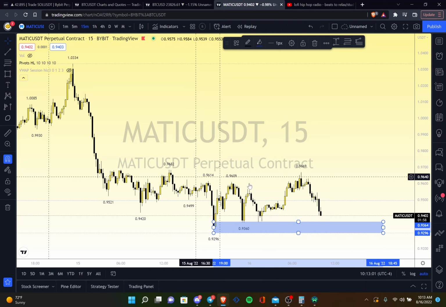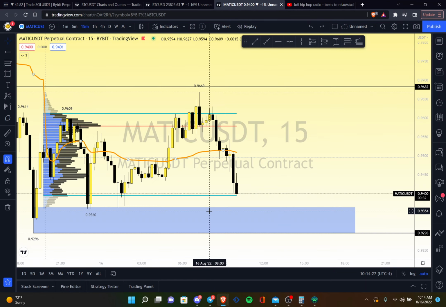What I'm looking for with the VWAP is two things. I'm looking to see how far away price is from it, whether it's up or down. The farther away it is, the more likely you're going to have a pullback towards it again, because the VWAP is kind of like a magnet for the average price of the current market.